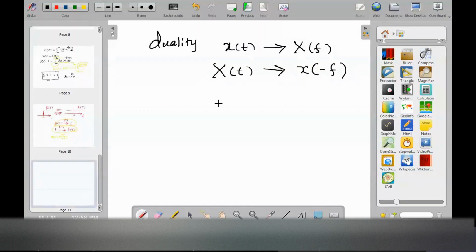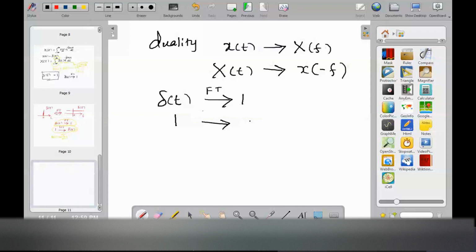This is what the duality property tells. That means if delta of t is there, its Fourier transform is 1. Suppose I have 1, and I calculate its Fourier transform, what should it become? Can one of you tell?